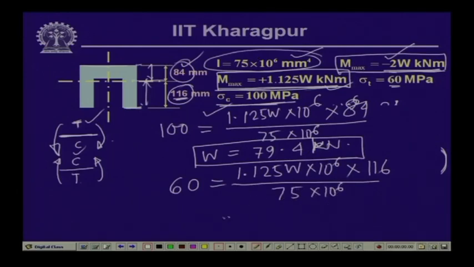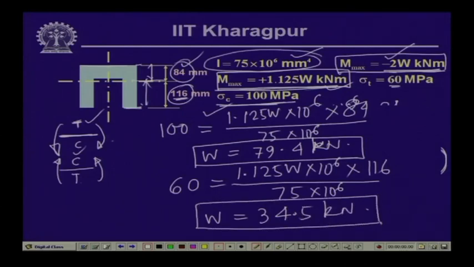From this, the value of W comes as 34.5 kilonewton. Out of these two values, 34.5 kilonewton is the lower value, because if we apply 79.4, naturally the stress level here will exceed and the member will fail.